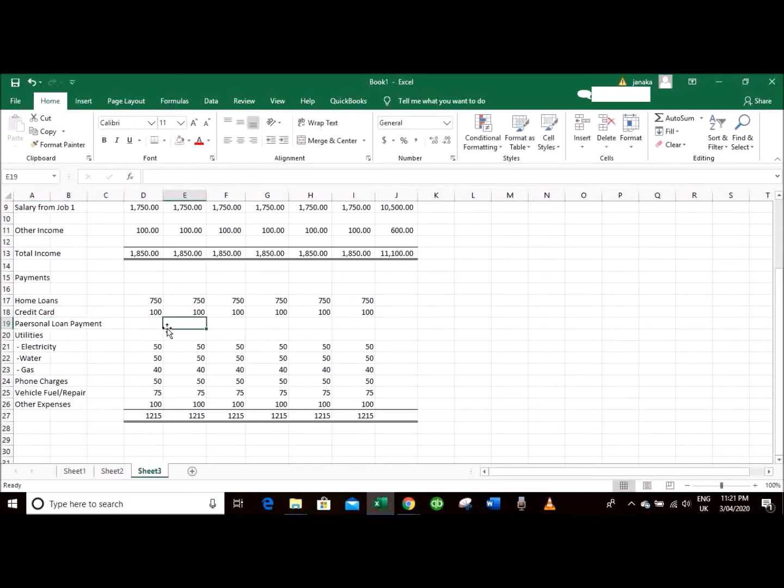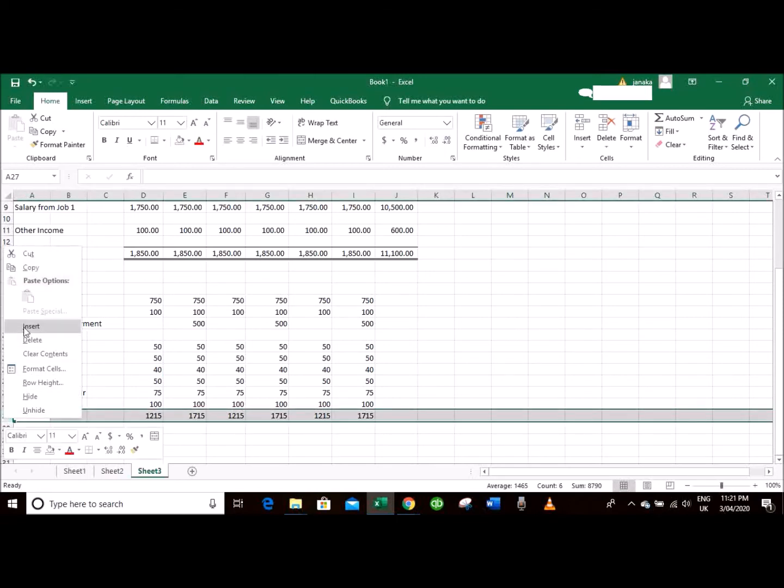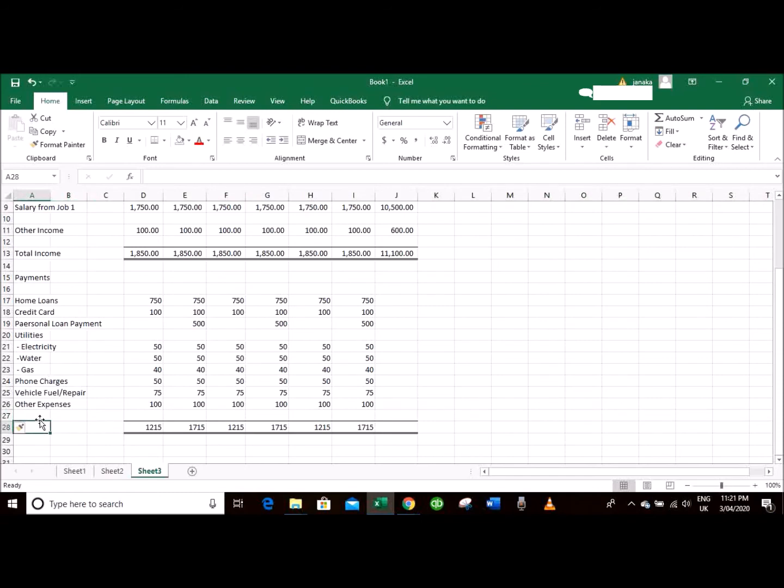So I will pay next week $500, week after again $500, two weeks later again $500, and again $500. So my total, this is my total expenses.